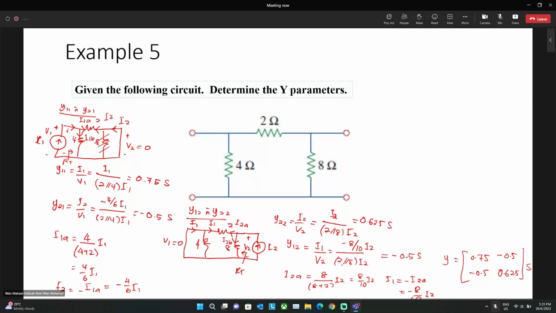Okay, ini cara untuk cari by definition. Kalau you perasan kaedah dia almost similar to kita cari Z. Bila by definition ni kita cari yang V sahaja. I tu kita kekalkan V, cari V dalam sebutan I, then we can cancel out the I. Alright.